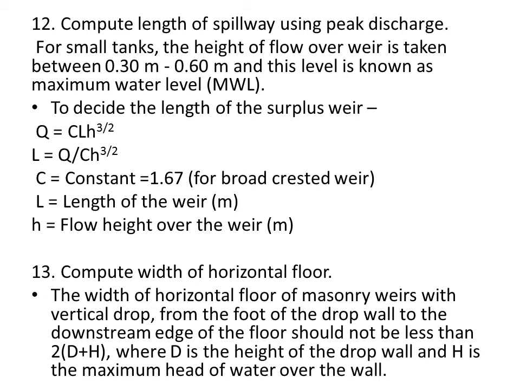So we have to decide the width of the horizontal floor, which is to be provided on the downstream, and it depends on the D, the height of the drop wall, and H, the maximum head of the water over the wall.